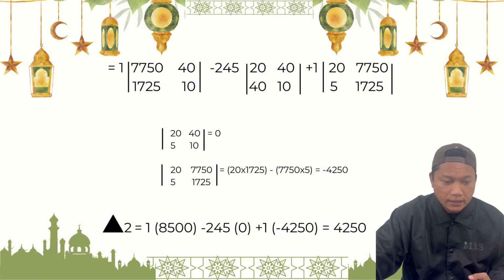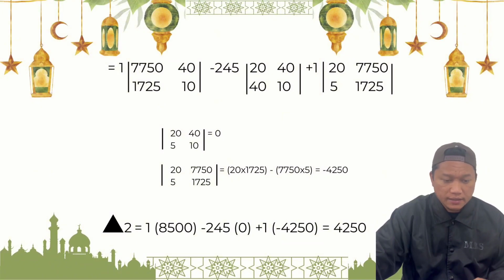Second determinant [20, 40; 5, 10]. Multiply 20 by 10, then subtract the product of 40 and 5. 200 minus 200 equals 0.